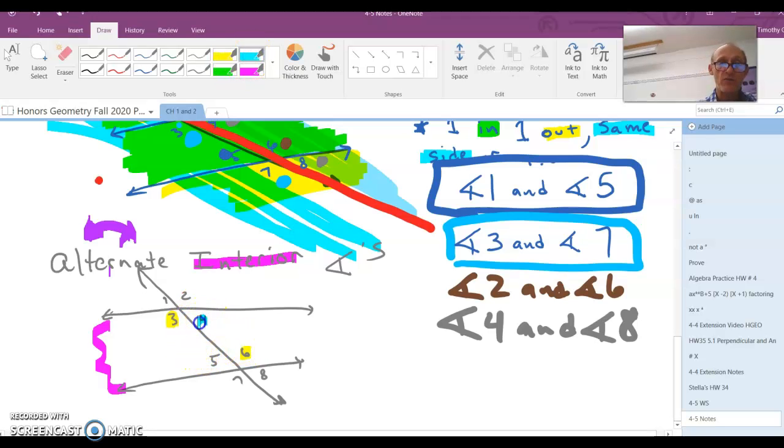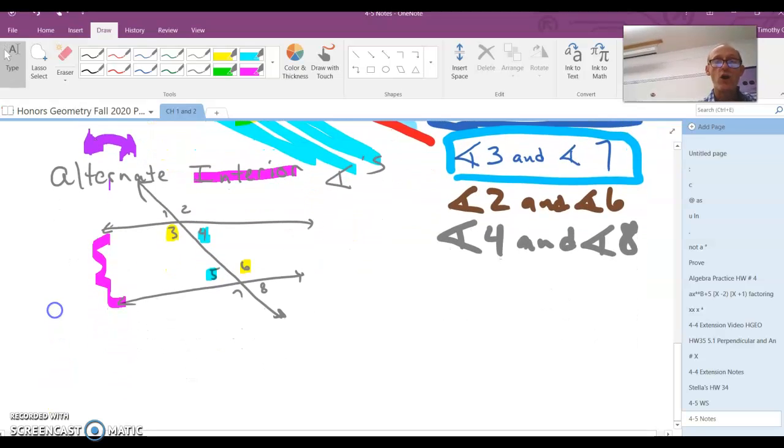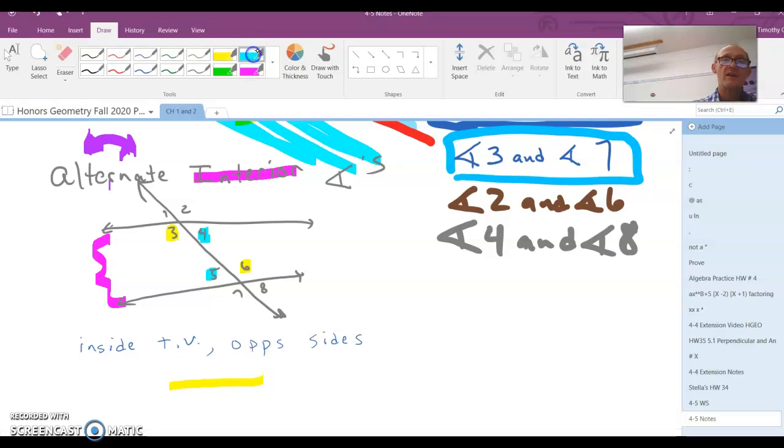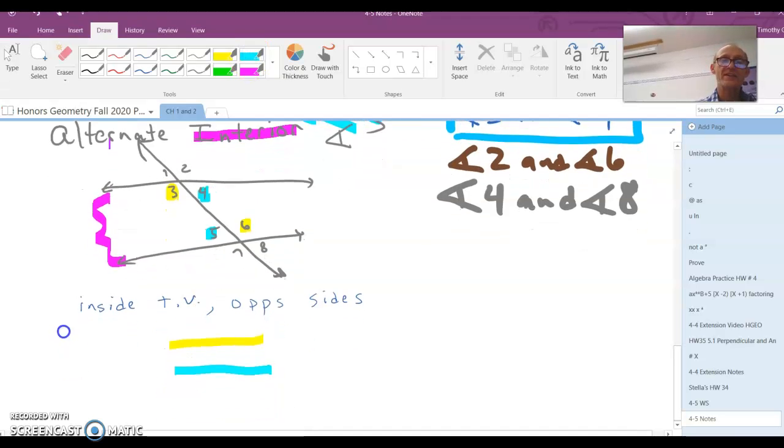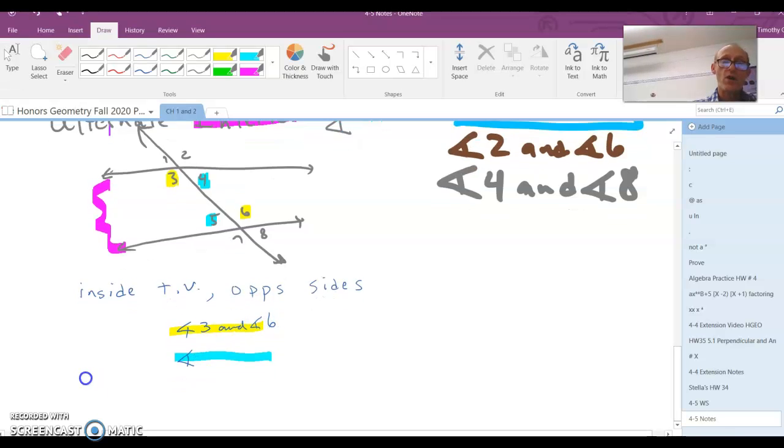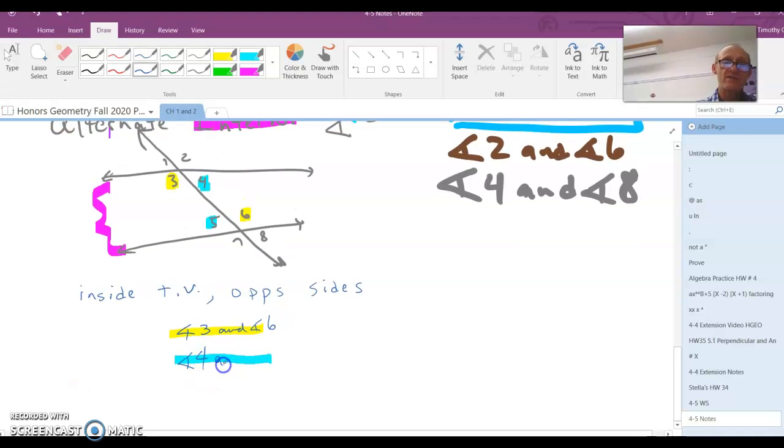And then the next pair are 4 and 5. So alternate interior angles are inside, on opposite sides. Angle 3 and angle 6, angle 4 and angle 5.